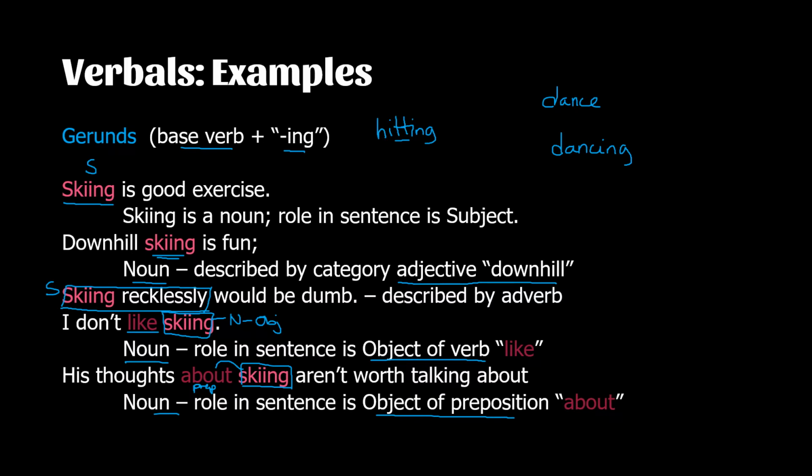Let's describe it with an adverb. Dancing fast hurts my feet. Let's use it as an object. I enjoy dancing. Let's use it as the object of a preposition. My parents did not believe in dancing.